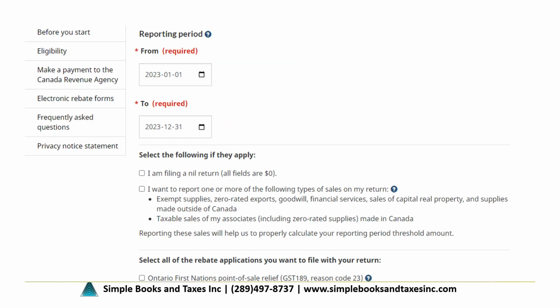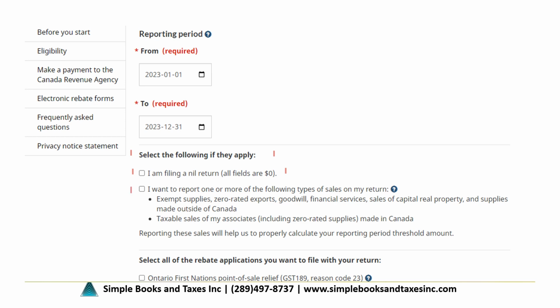Then we have to select the following if they apply. In our case, we didn't select anything because they do not apply to our case. So this is in case you are remitting a nil return. I am filing a nil return, then all fields are zeros. It's not our case.